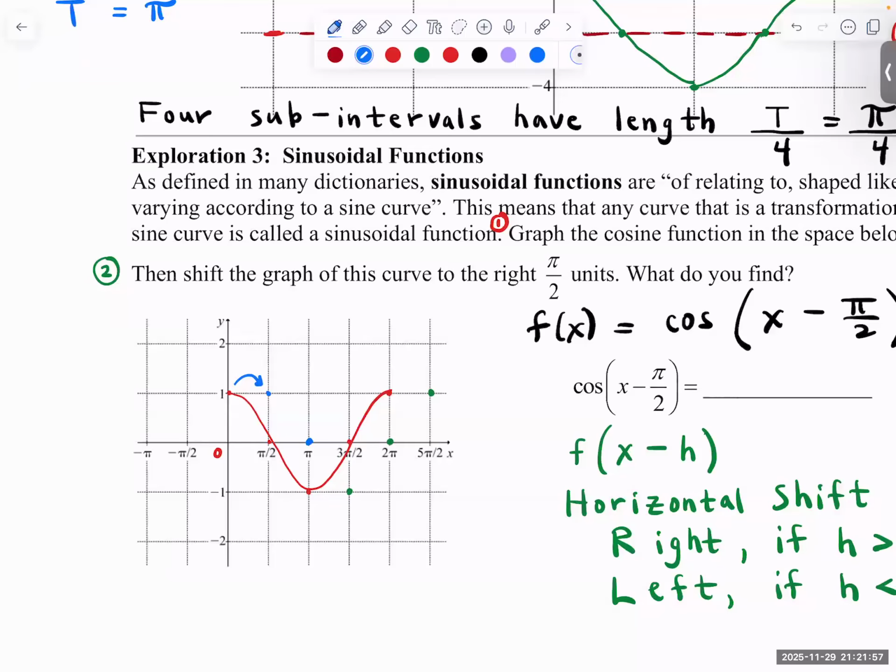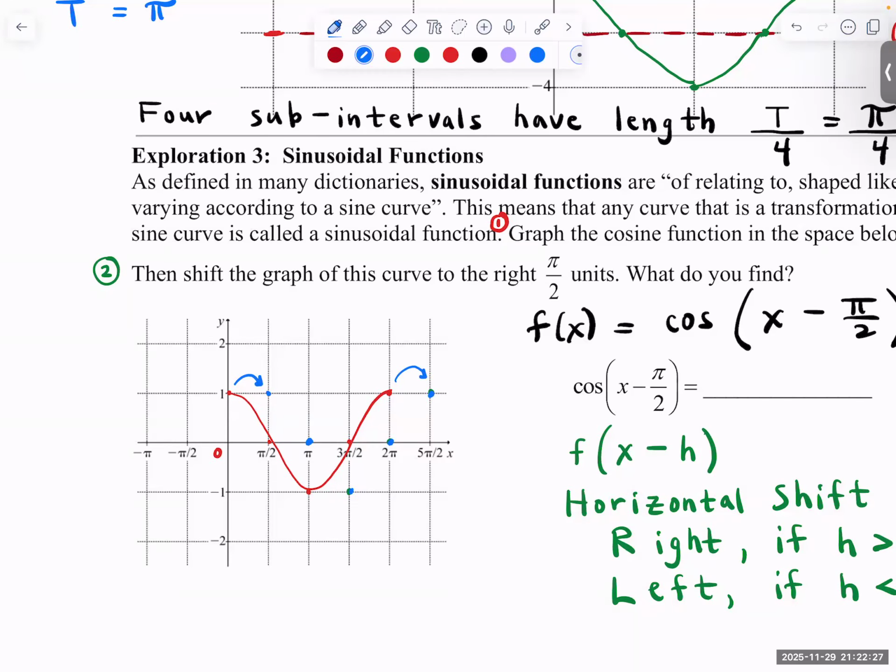The next key point at pi radians, -1 shifted to the right will give 3 pi over 2, -1. The fourth key point at 3 pi over 2, 0 shifted to the right will be at 2 pi, 0. And then the fifth key point at 2 pi radians, 1 shifted to the right will be at 5 pi over 2, 1.